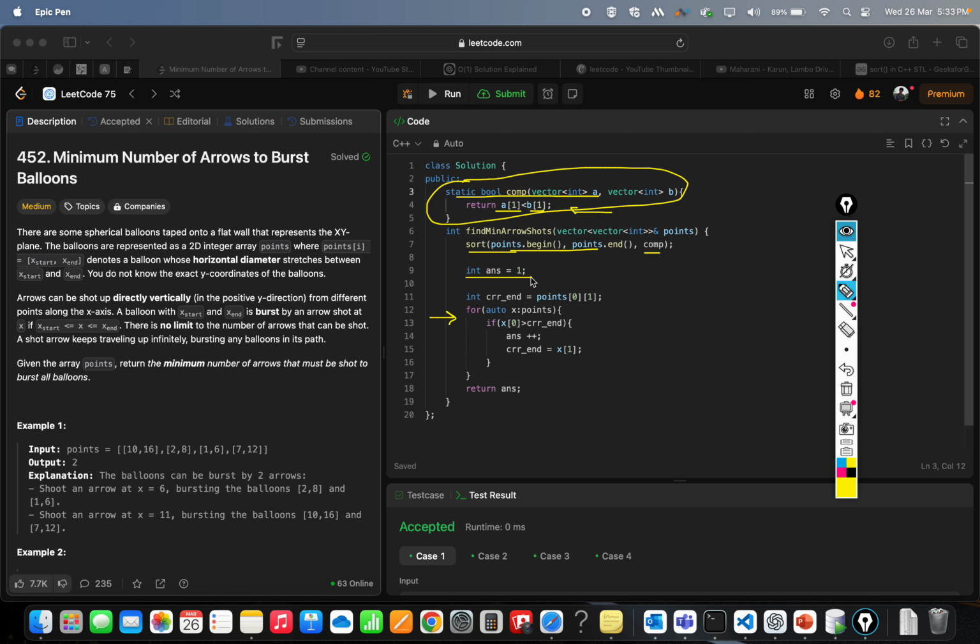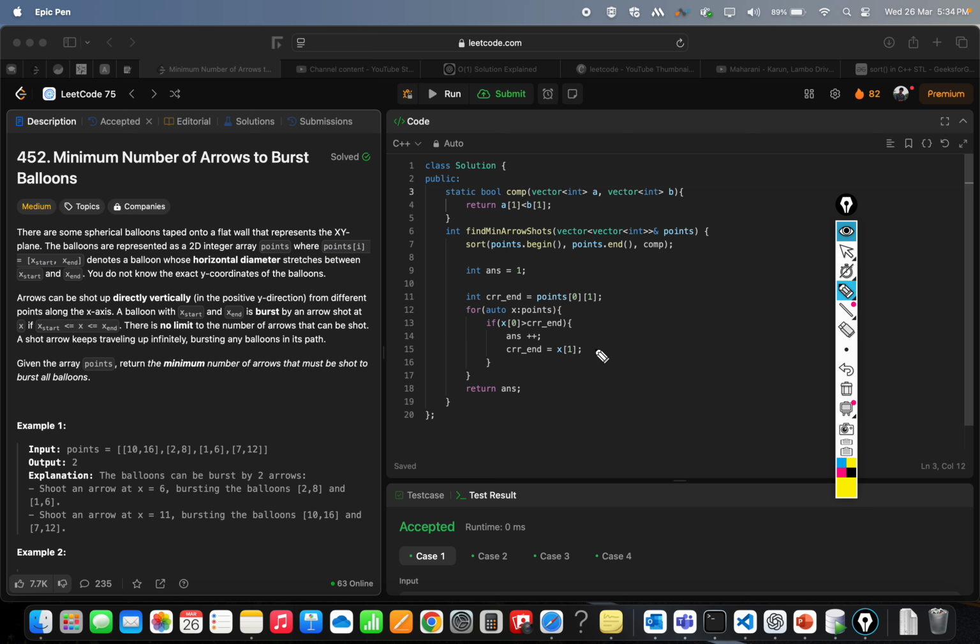I'm taking my answer equal to 1 because I am using the first arrow to cater to the first balloon. The current end is the ending point of the first balloon. Then if the starting point of the iterated balloon is greater than the current end, that means we have to use another arrow.